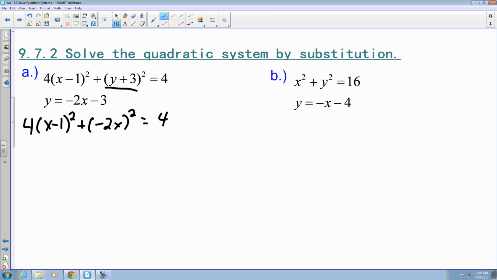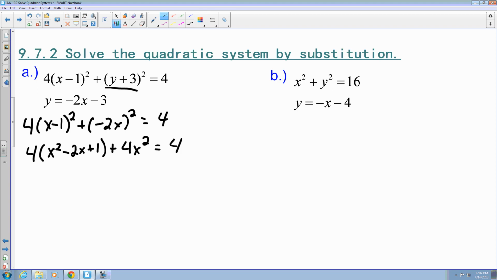So I'm going to expand these squares. I'll FOIL out the x minus 1, so it's going to be 4 times x squared minus 2x plus 1 plus 4x squared equals 4.